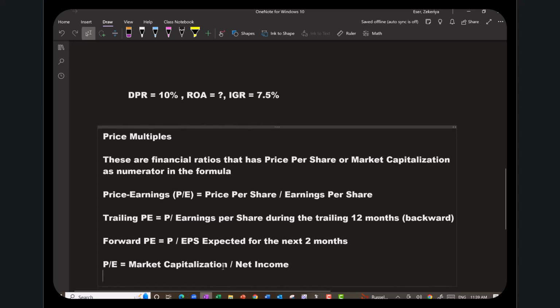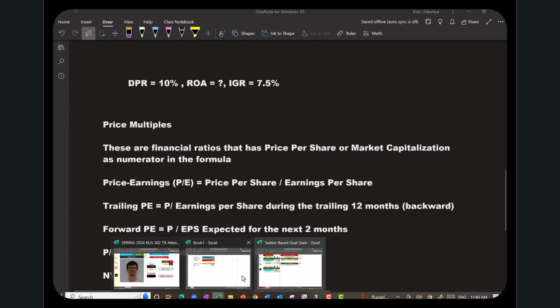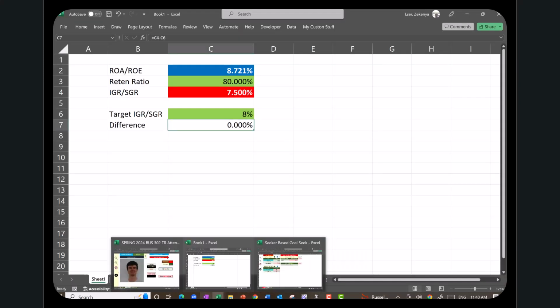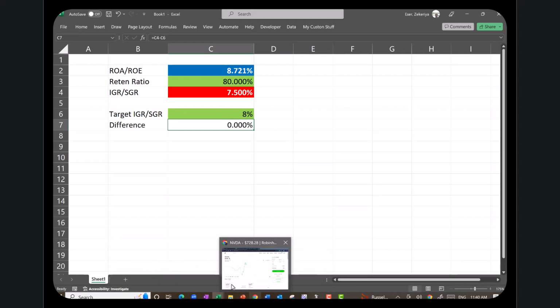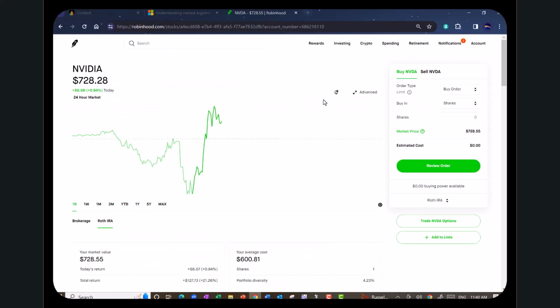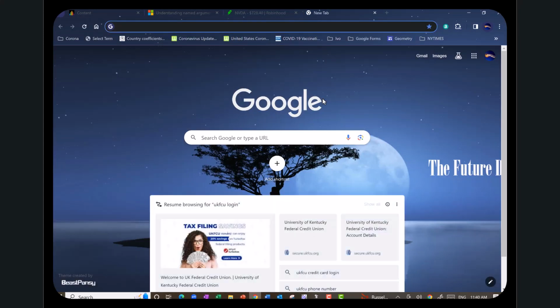Let's use my favorite firm, NVIDIA. I'm going to calculate the forward PE for NVIDIA. Thank you. The market's down, so NVIDIA is up.